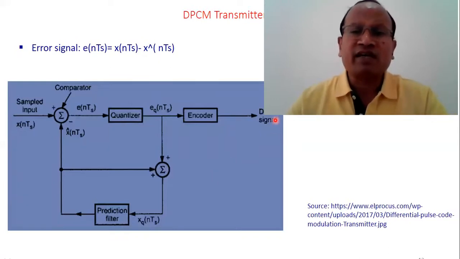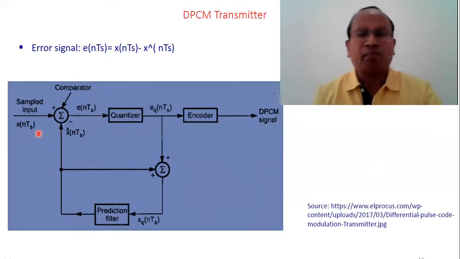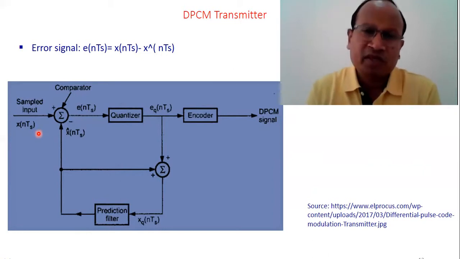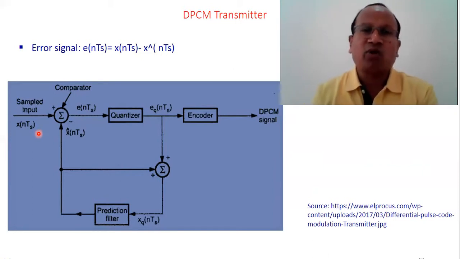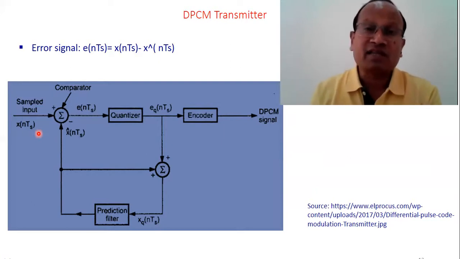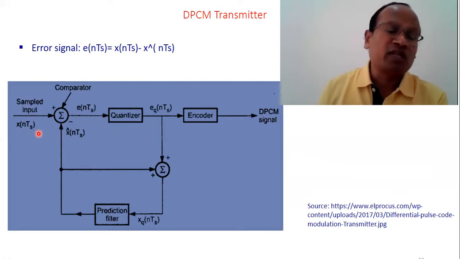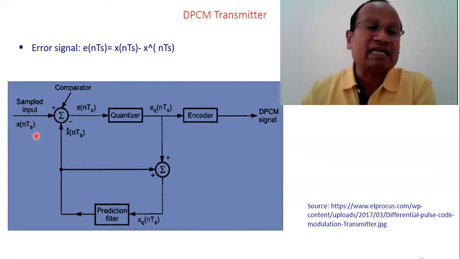So this is a diagram called the transmitter for DPCM, right? If you look at the block diagram carefully, you can see there is a sampled input. As I already told you, sampling is a common process involved in PCM, DPCM, or other extensions like delta or adaptive delta modulation techniques. So for the sampled input we write x(nTs).